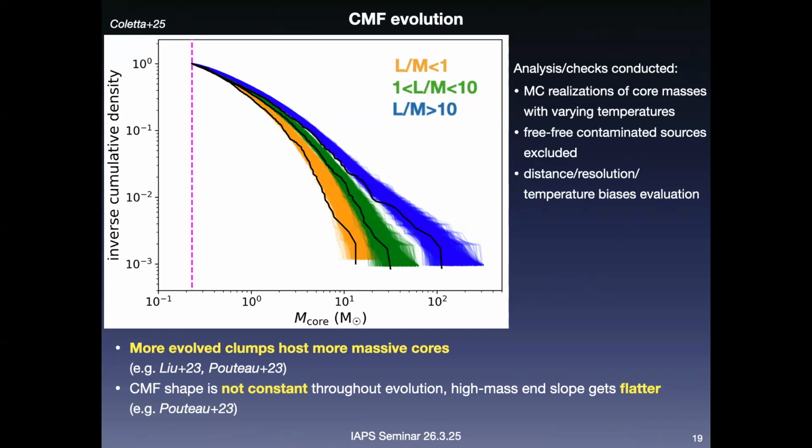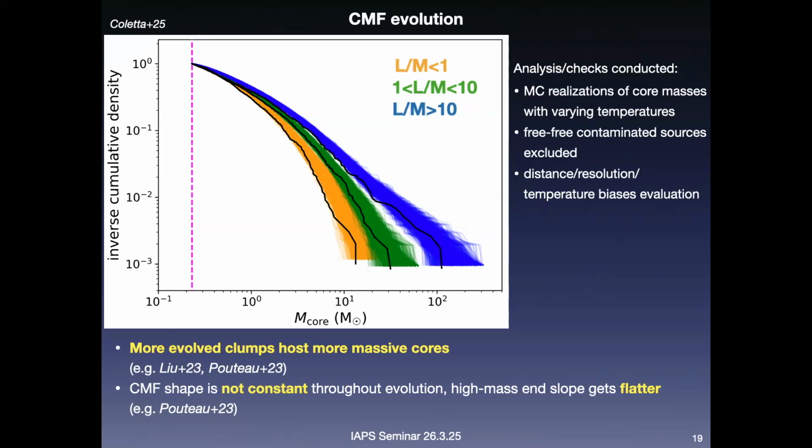And we evaluated how the three core mass functions for the core subsamples were related to one another in this core mass function plot. In this plot, you also see colored bands for the three groups, which correspond to the Monte Carlo realizations of the core mass function that we produced by randomly varying the temperatures around the reference value for the subgroup.